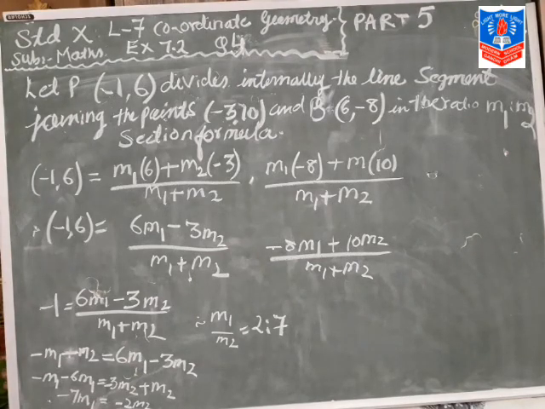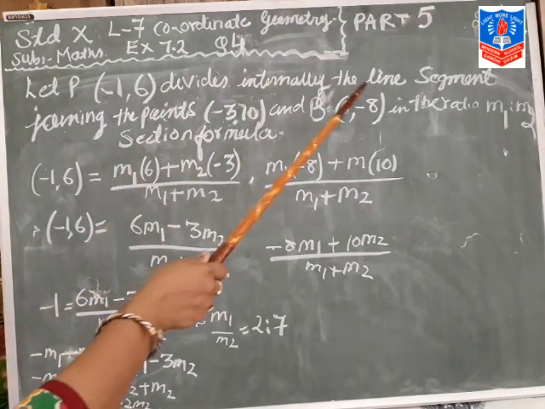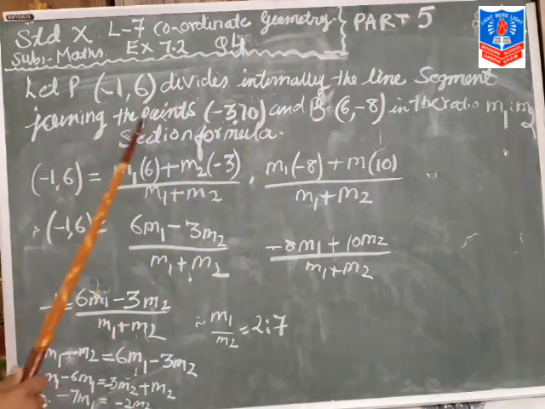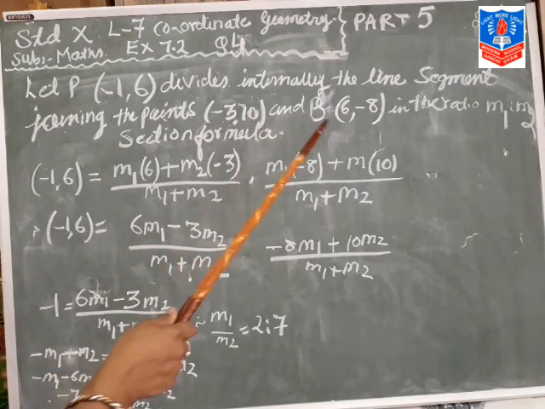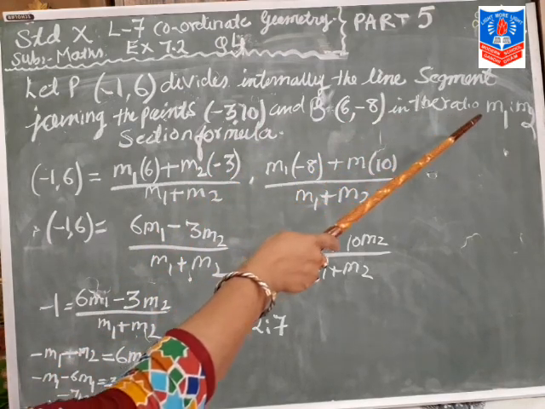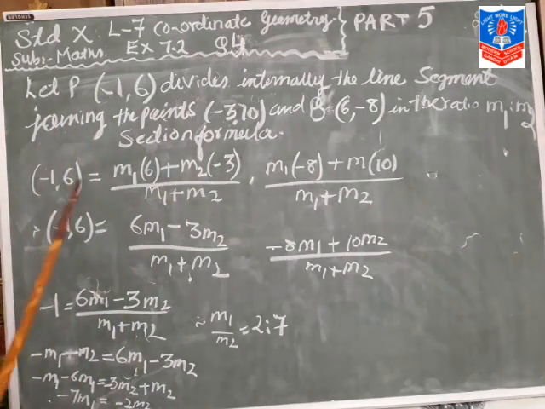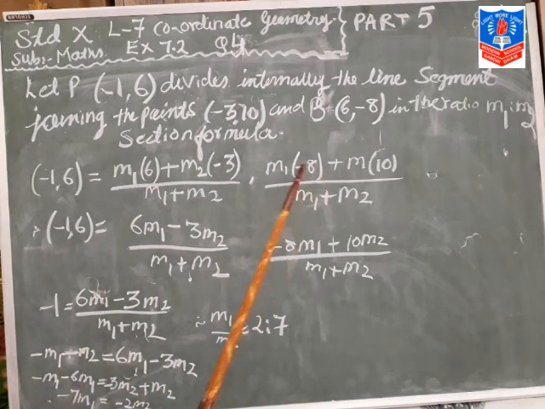Clear? So we can write, let P (-1, 6) divide internally the line segment joining the points A (-3, 10) and B (6, -8) in the ratio m1:m2. Section formula we can apply. Okay, (-1, 6) we can write here, m1, m2 we can write here, 6 and -3. So here you can write the other side also. Clear?